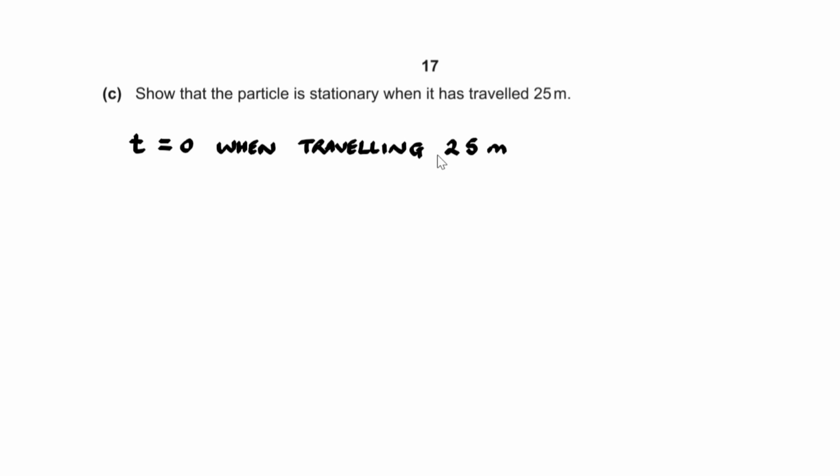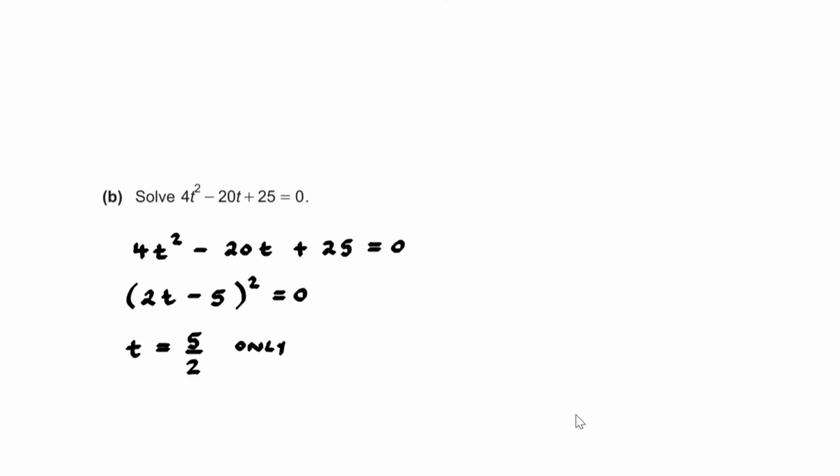And we know t equals 0 when we travel 25 meters. And if that's the case, rather t equals 5 over 2, because that's what we worked out over here.